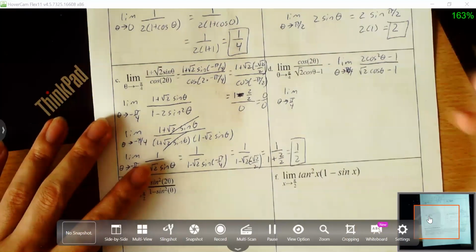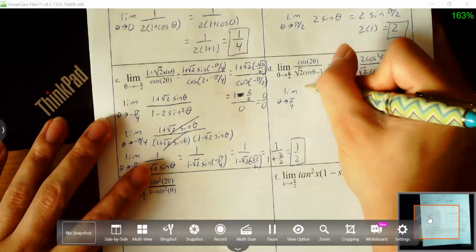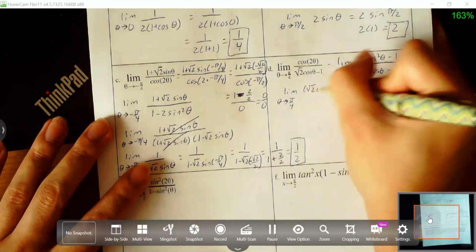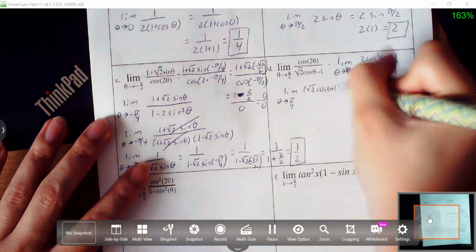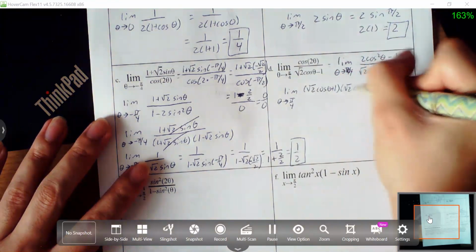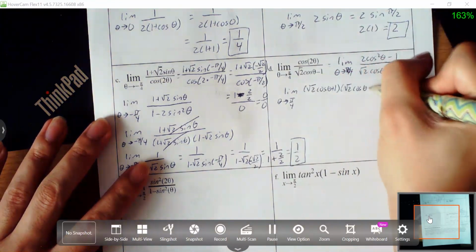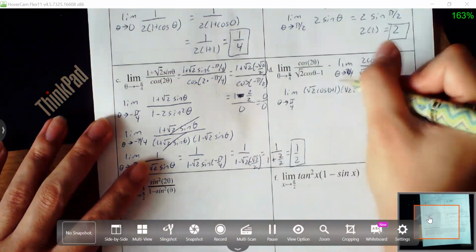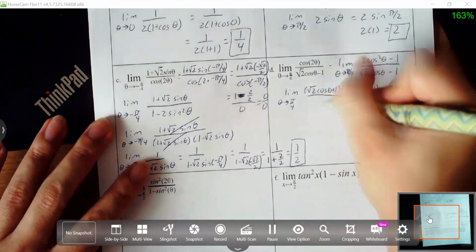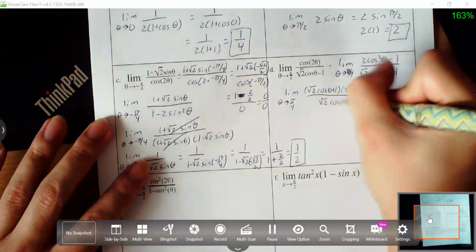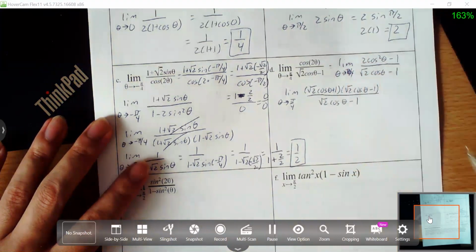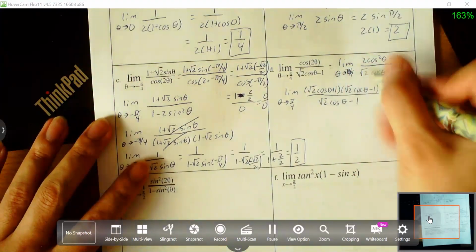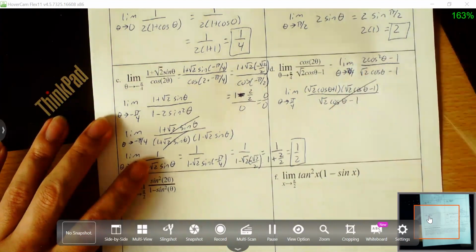So this is going to be root 2 cosine theta plus 1, root 2 cosine theta minus 1, all over root 2 cosine theta minus 1. So pretty straightforward here, these cancel.